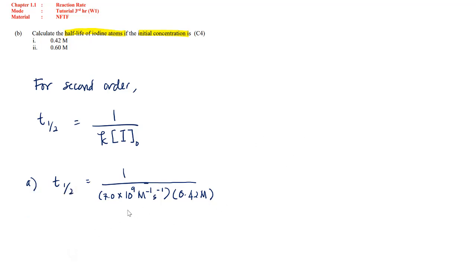So substitute the values. Alright, so the rate constant and the initial concentration. So you can see molar and per molar is cancelled out. Thus the half-life for question 1 is around 3.4 times 10 to the power of negative 10 second.